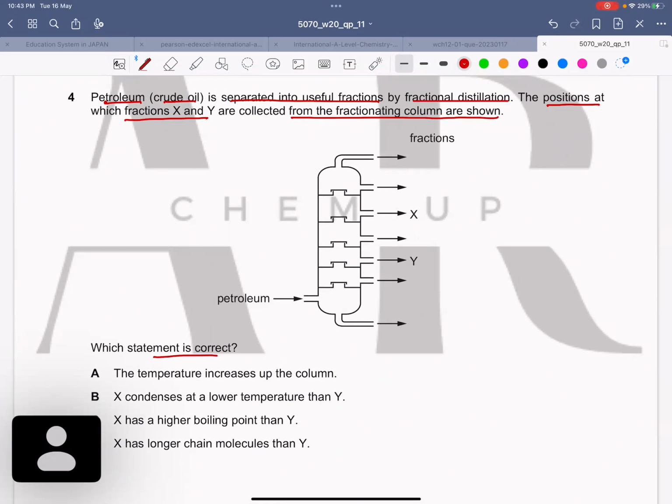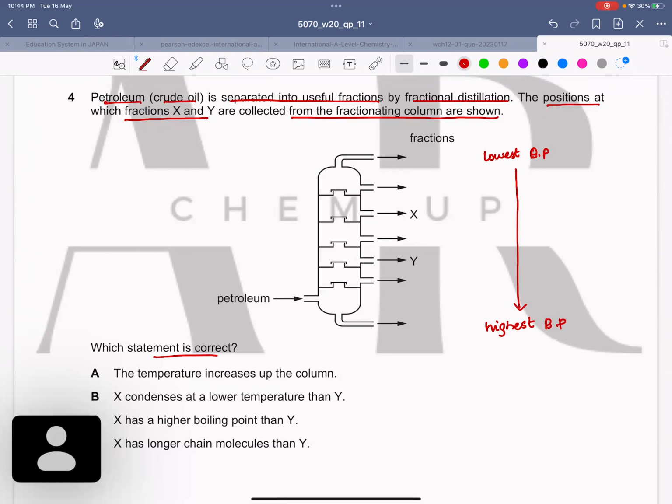One thing, if you recall, the fractions which are being collected at the top have the lowest boiling point, and as we are getting down, the boiling points are getting higher and higher, and the one which is collected at the bottom has the highest boiling point.